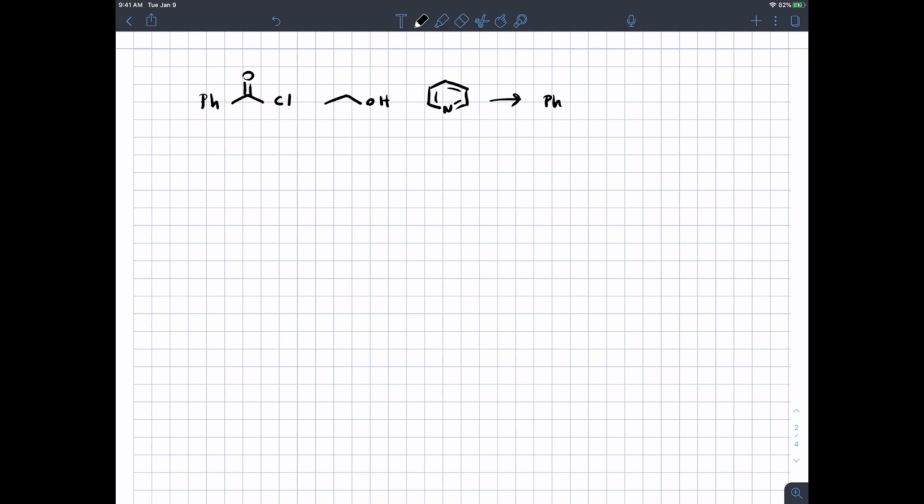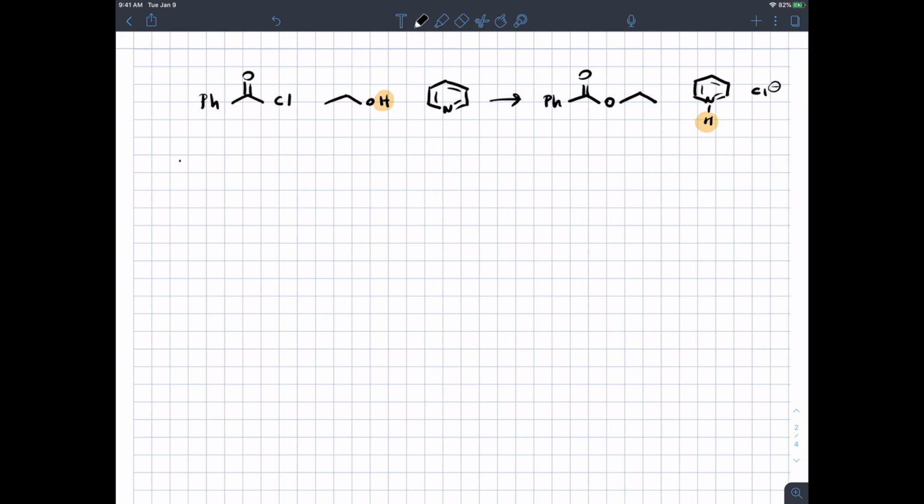After the reaction, you make the ester, and then you make pyridinium chloride, the conjugate acid of pyridine. And this sort of makes sense because if you think about nucleophilic acyl substitution, you're going to need somewhere for that proton on the alcohol to go, and there it is. All right, so it makes sense that you would need pyridine.